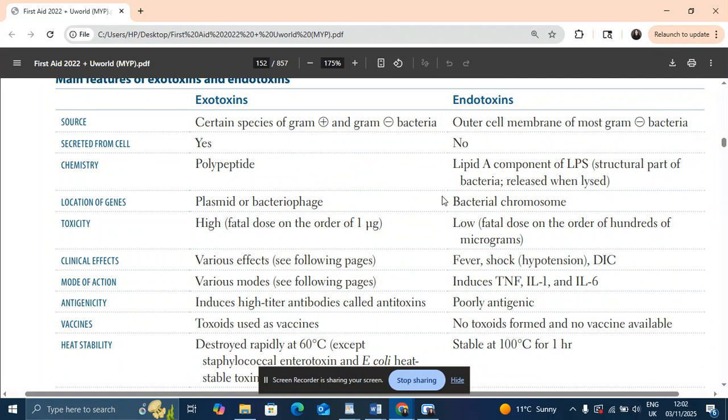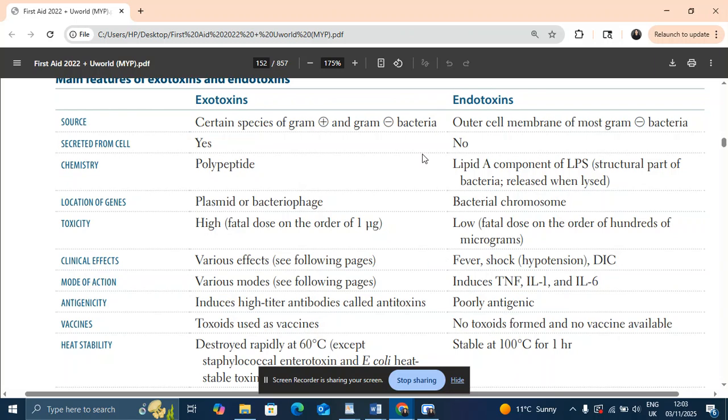Clinical features: exotoxins have various effects, while endotoxins usually cause fever, shock, and disseminated intravascular coagulation, DIC. How do endotoxins cause fever, shock, and DIC?